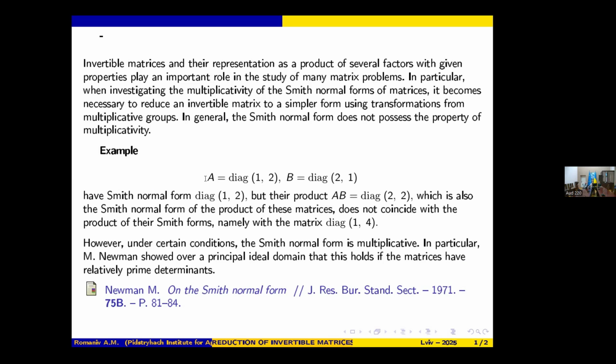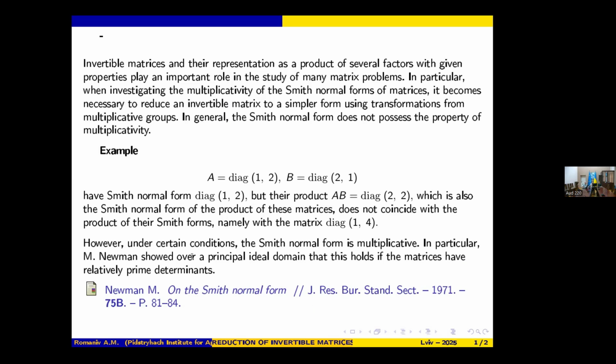The product of matrices A and B is the diagonal matrix 2, 2, which is also the Smith normal form of this product, but the product of the Smith forms is the matrix diag 1, 4.